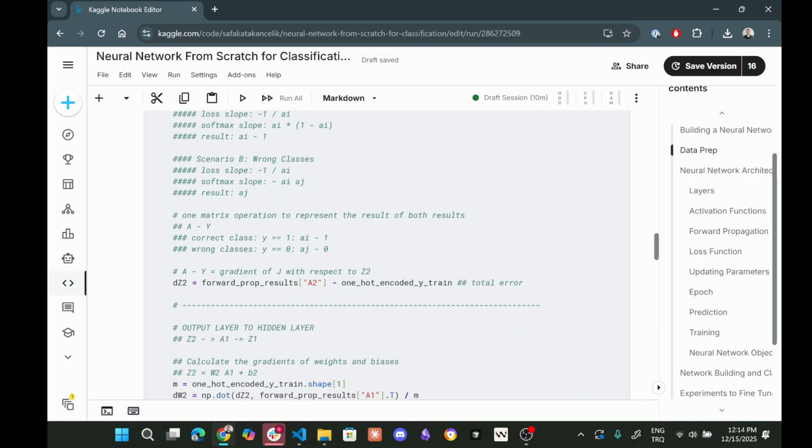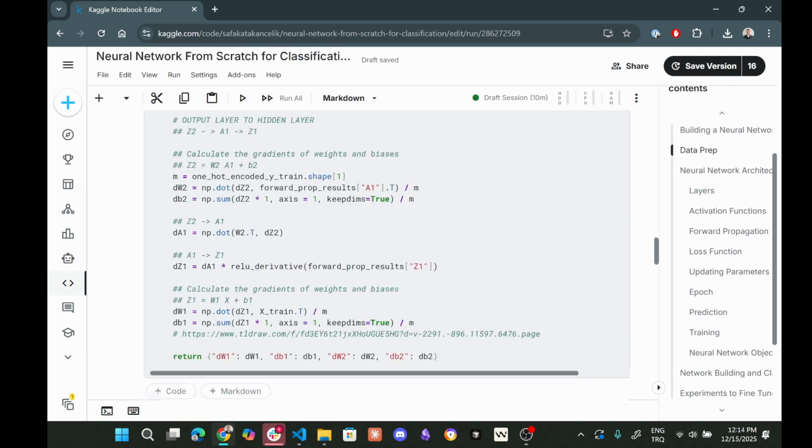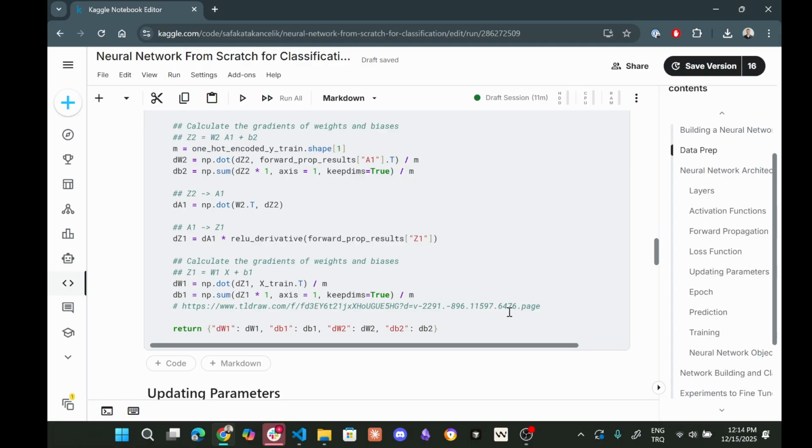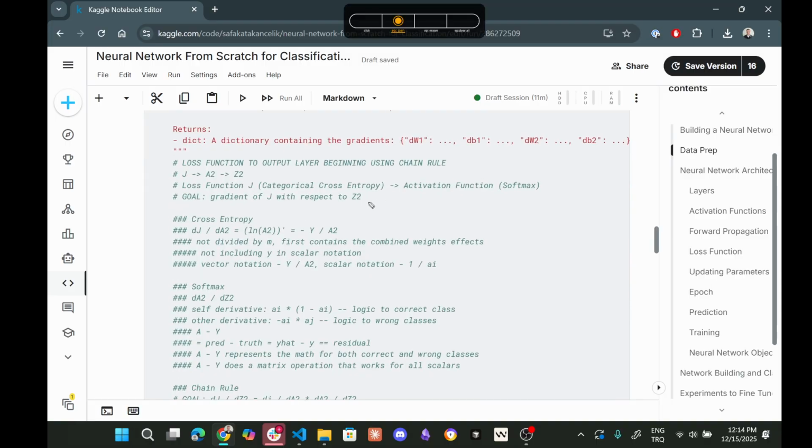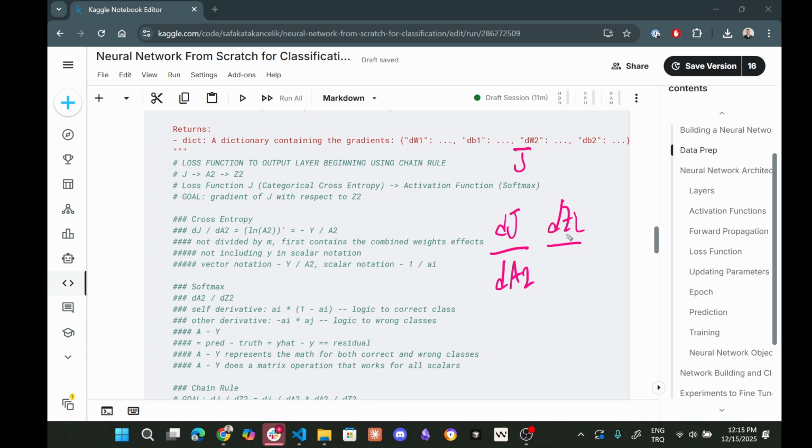If you are into how I did it, these notes are good, and I have these scratch notes here and many things on my notebooks as well, in pen and paper, but it's simple actually. There's just one chain rule here. For example, once I have the cost J, so derivative of J with respect to A2, and because I'm trying to go to the linear function Z2, and then another derivative, derivative of A2 with respect to Z2.